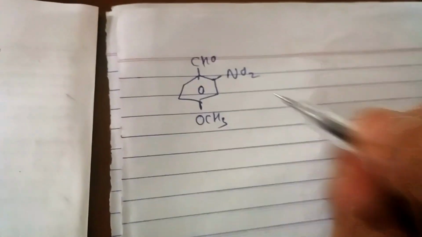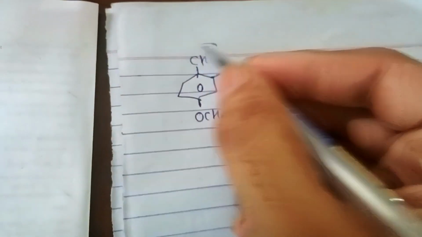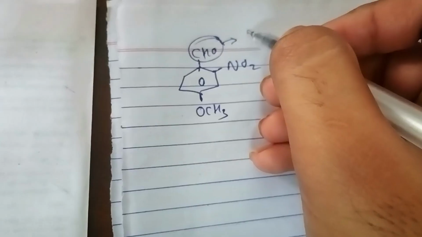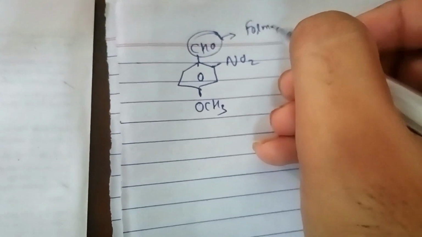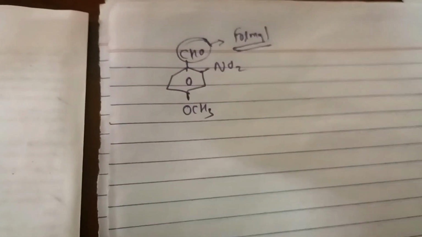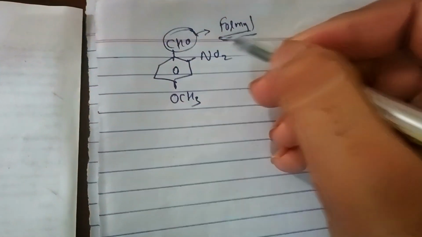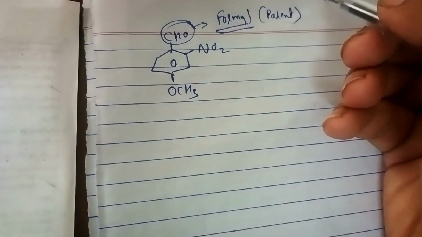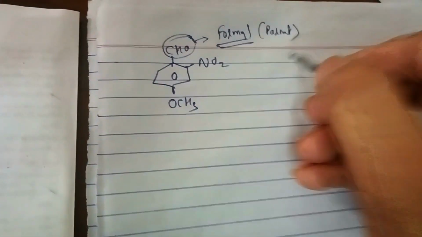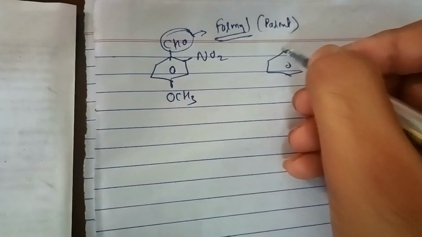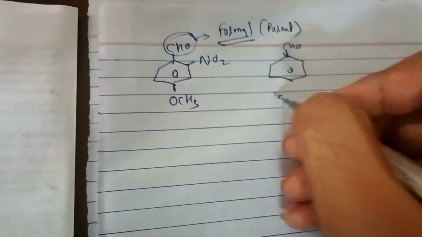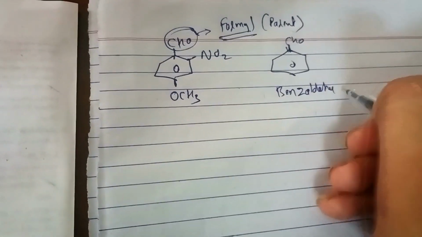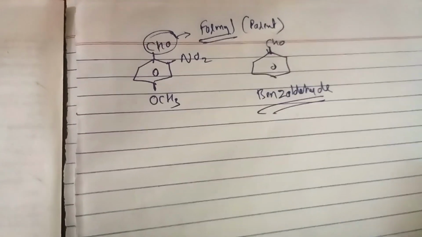So first of all we have to start naming from the aldehyde, since we have to give the aldehyde the highest priority, which is formyl, and hence the parent is benzaldehyde. This is CHO, this is the benzaldehyde.